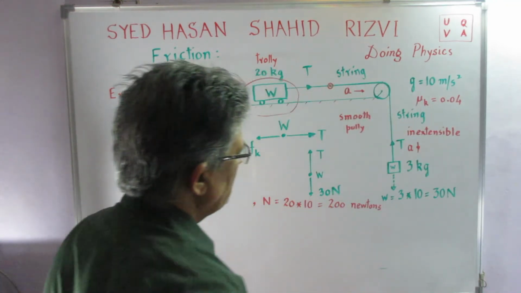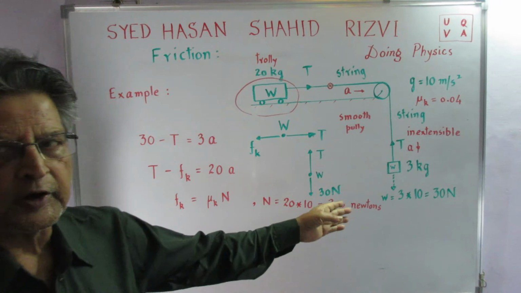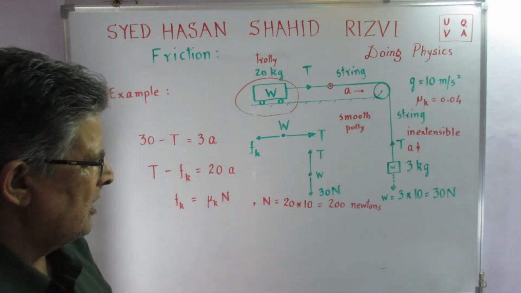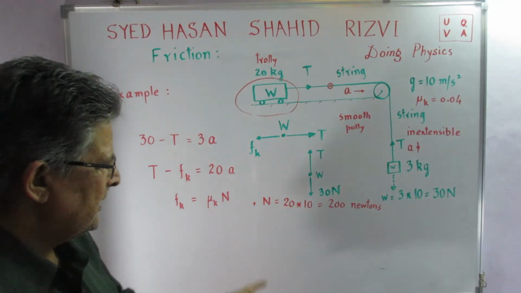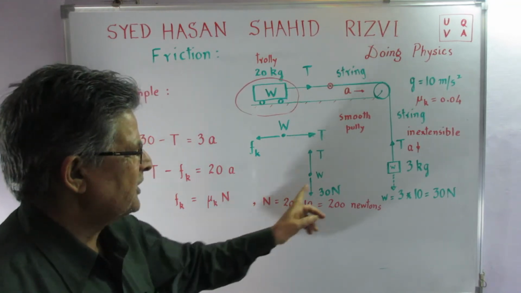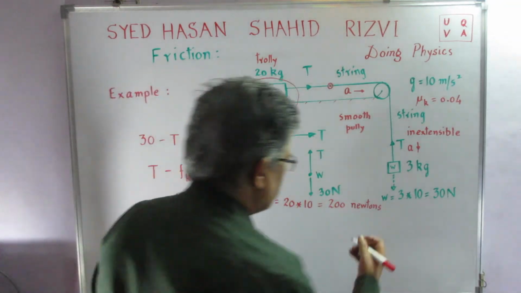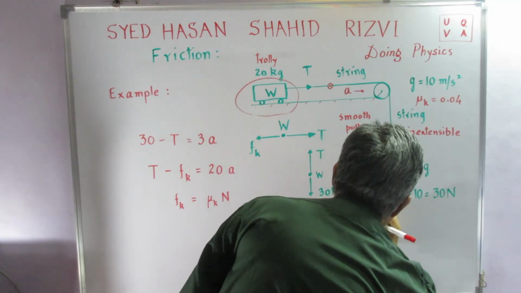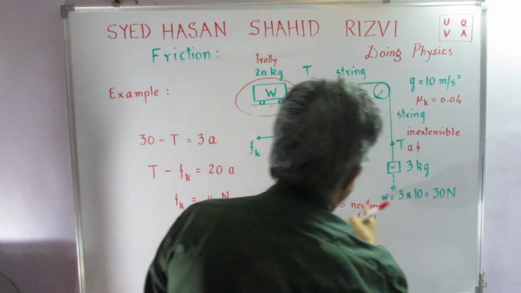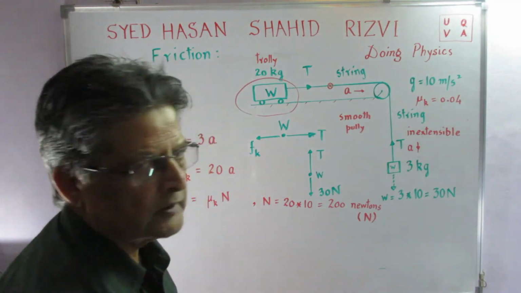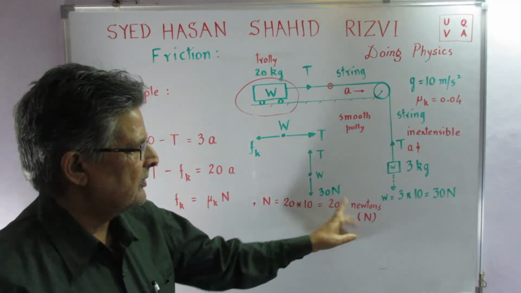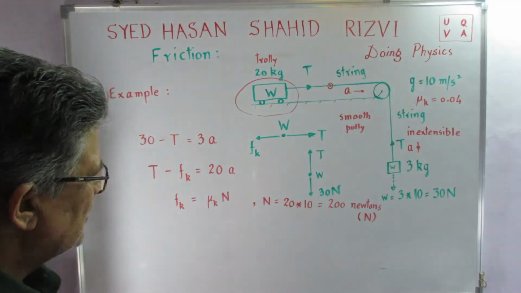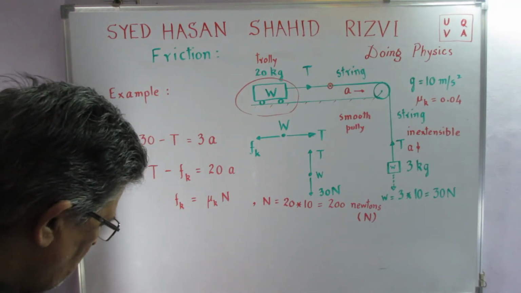Remember, it is not only in the case of the newton, but any other unit: if the unit is represented by a capital letter, the name of the scientist comes out with a small letter. Okay, so I'm writing it as 200 newtons.